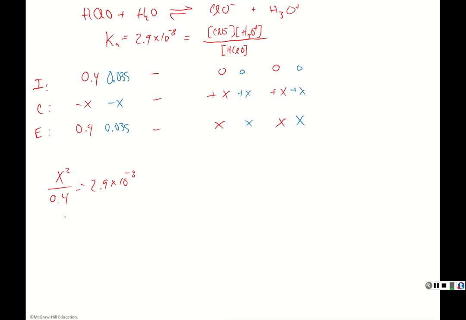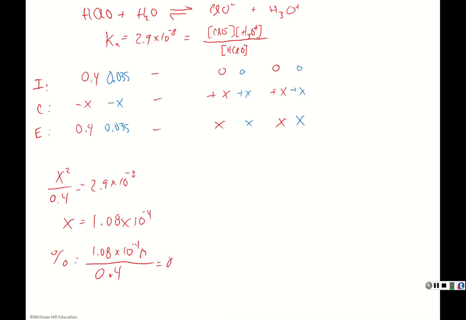When you solve for that, X is going to be 1.08 times 10 to the minus 4. And if we wanted to find the percent that was dissociated, it's just going to be the amount that's dissociated, which would be X, 1.08 times 10 to the minus 4 molar, divided by the starting concentration, which would be 0.4 molar.